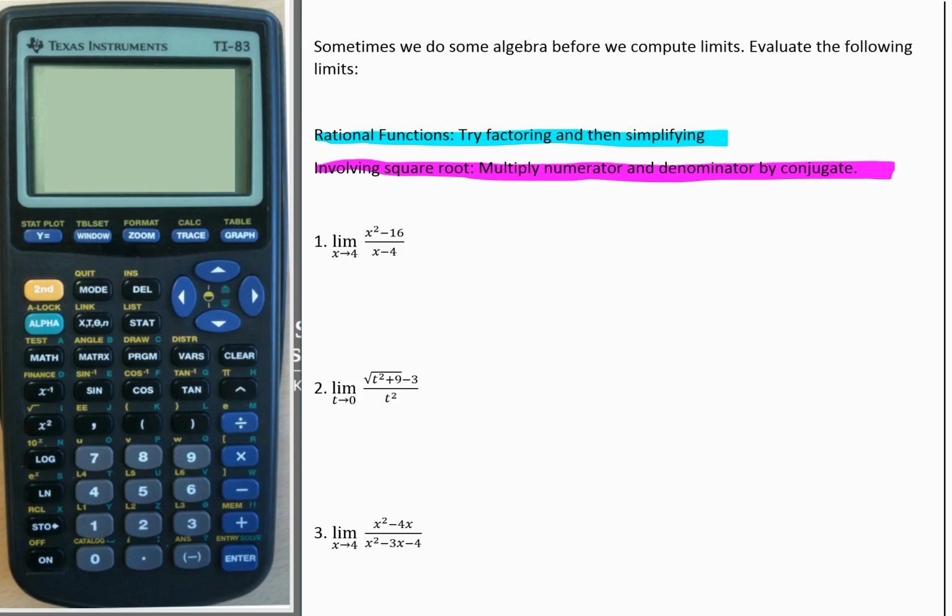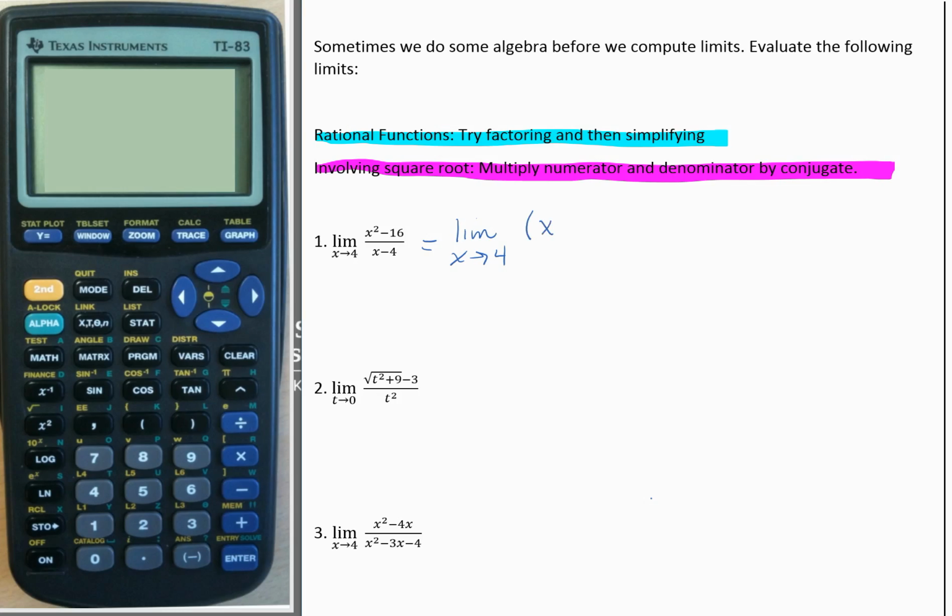So here, number 1, we have the limit as x goes to 4 of x squared minus 16 over x minus 4. And obviously if we plug 4 into the denominator, we would be dividing by 0, which tells us we can't just use direct substitution. So here, this will still be the same as the limit as x goes to 4. We're going to factor x squared minus 16, which is a difference of squares.